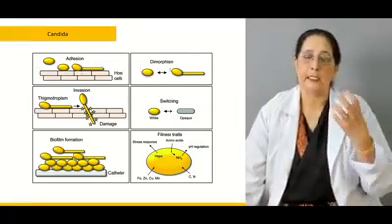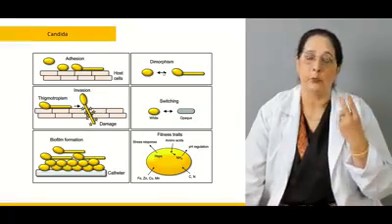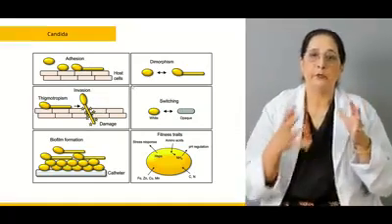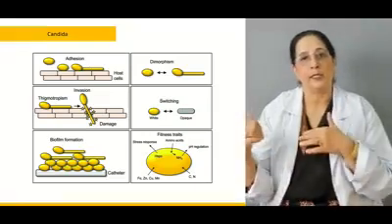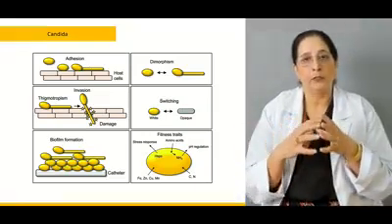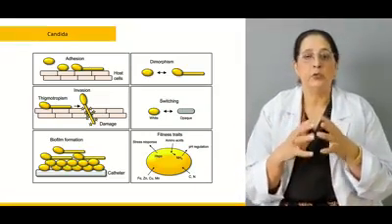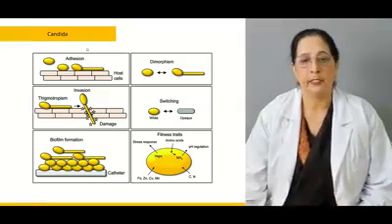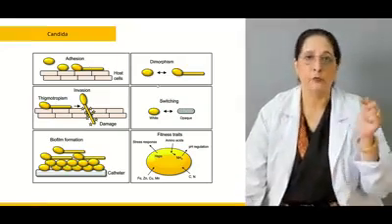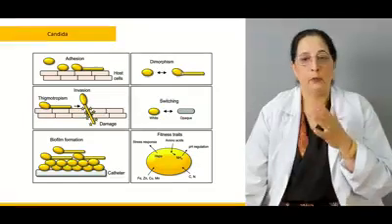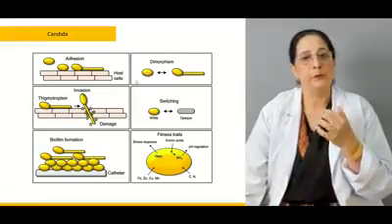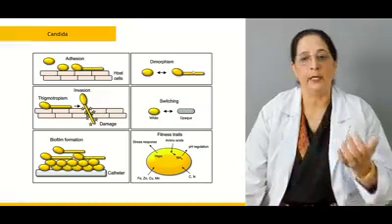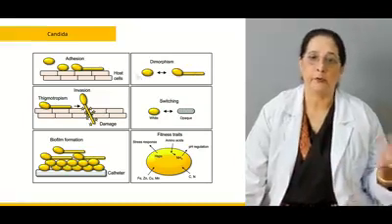Dimorphism: it exists in two forms. Di is two. So I already mentioned we have the bud form, and then it also gives rise to pseudohyphae or hyphae. So it exists in two forms. It's both ways. The bud form changes into pseudohyphae, and then pseudohyphae become the bud form also.